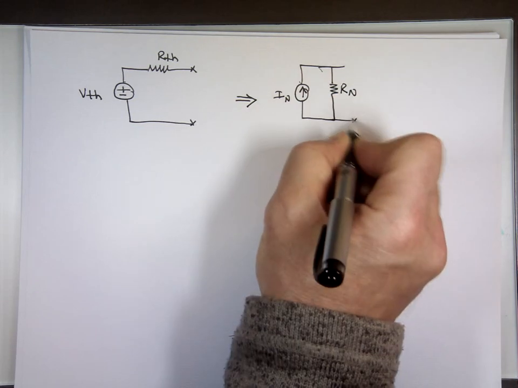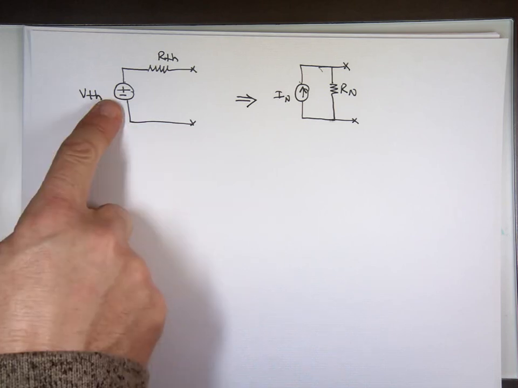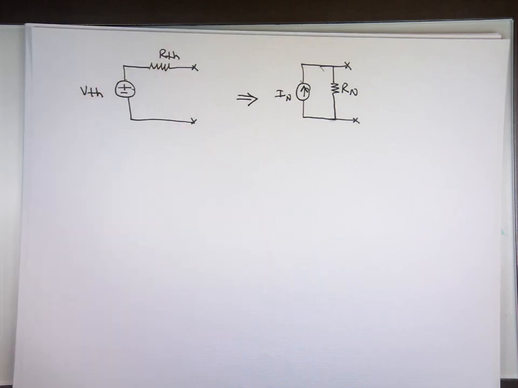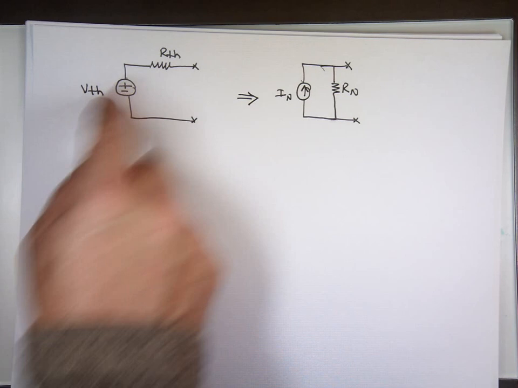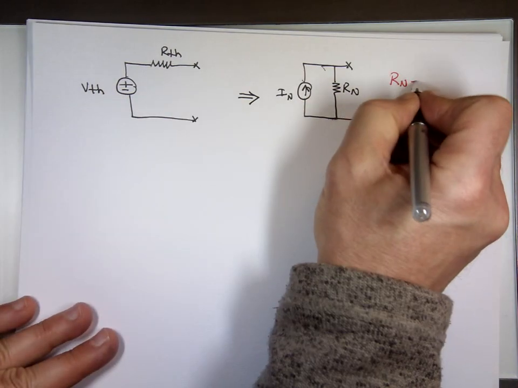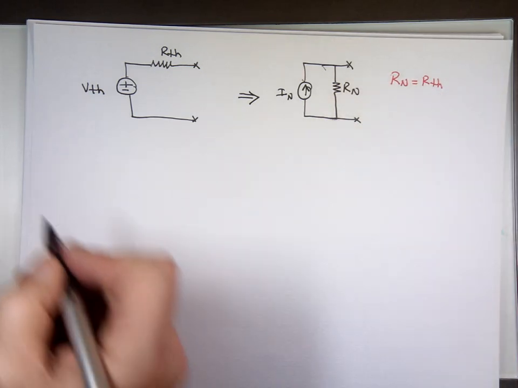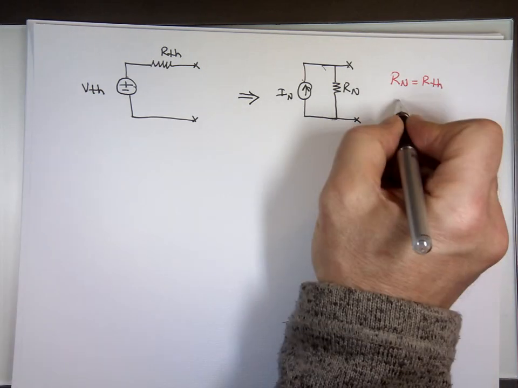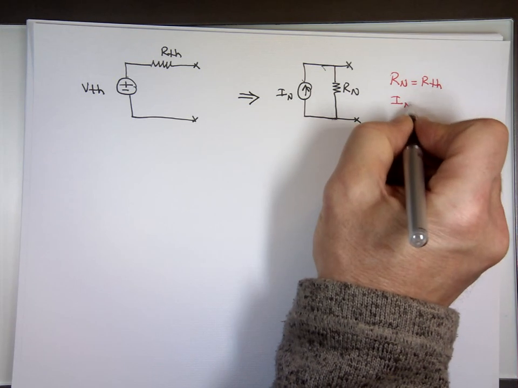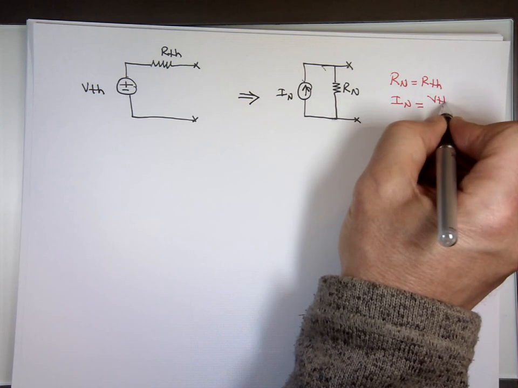The question is, how do you find I Norton if you know V Thevenin, R Thevenin, and how do you find R Norton if you know these guys? So we'll start with the easy one. R Norton will be the same as R Thevenin, so you don't have to do anything to that. And I Norton, using Ohm's law, it's voltage divided by the resistor, so it's V Thevenin divided by R Thevenin.